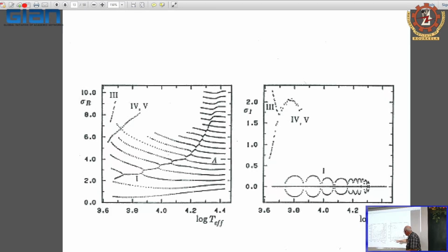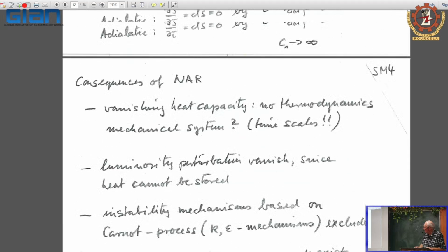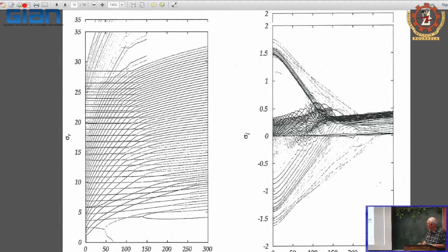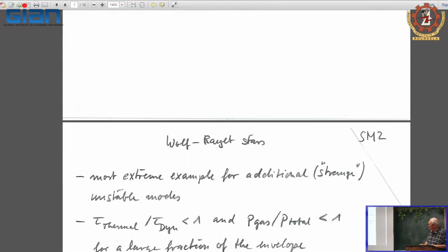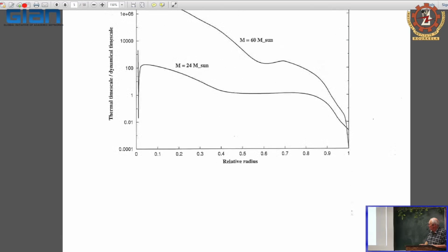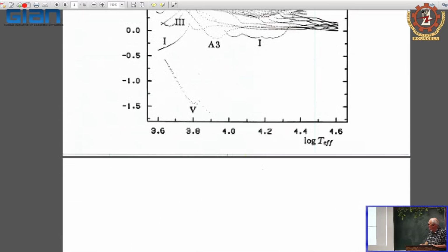And once we somehow smear out these bubbles, then we arrive at the full non-adiabatic problem. So keep this in mind, and if you smear out these instabilities or the negative values of the growth rates here and compare it to the full problem, let's go back to the extreme hydrogen deficient carbon stars and look at the modal diagram.